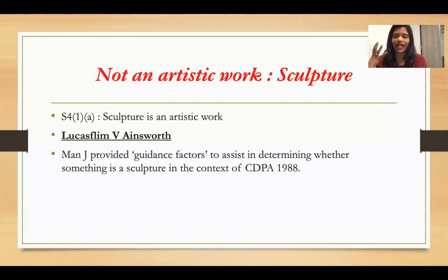This Stormtrooper helmet was created and classified as a sculpture. In the case of Lucasfilm, they were trying to get copyright protection for this helmet under sculpture, because it's something you have sculpted into one sort of design.